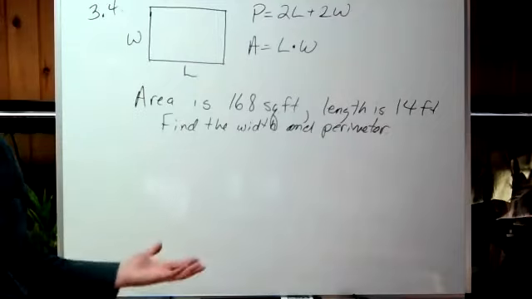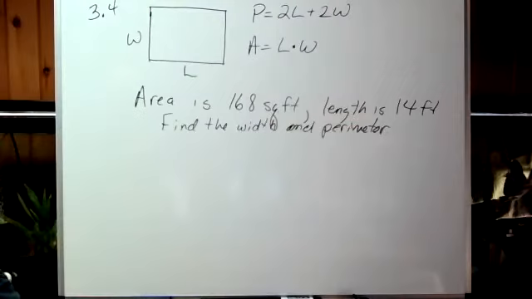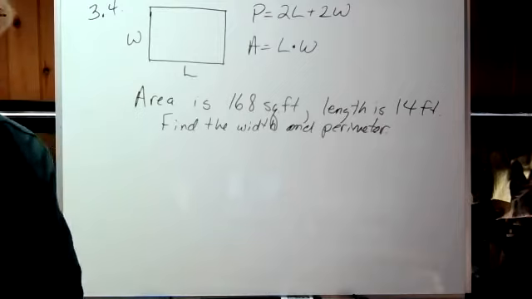It's plugging numbers that you know. We have to give you enough information, right? Plugging numbers you know into the right formula and then solving for the number in the formula you don't know.